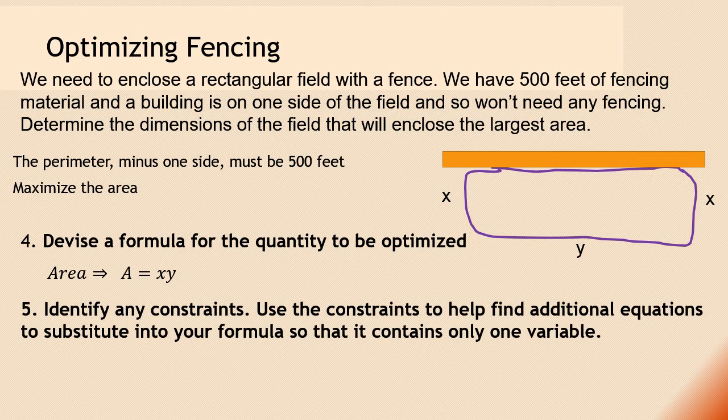And constraints. What are our constraints? Well, that 500 feet of fencing is a pretty big constraint. That means the perimeter, but not exactly the perimeter all the way around. Just the perimeter on three sides has to equal 500 feet.